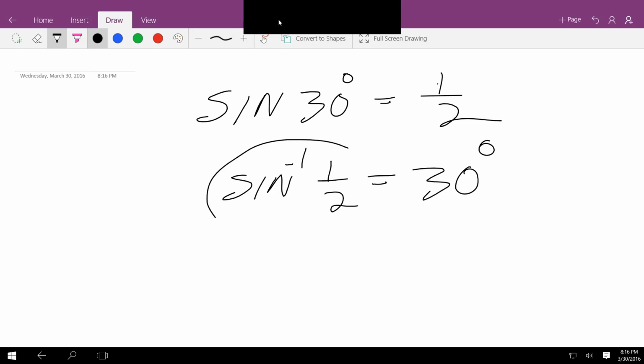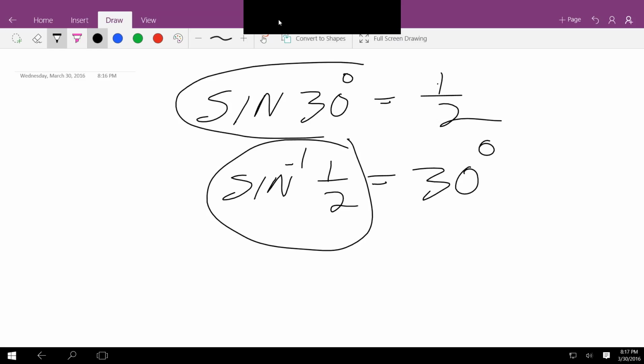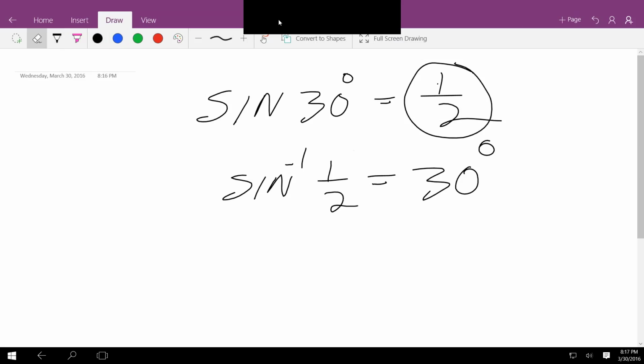Notice that we use inverse sine to find angles. We use trig functions of angles to find ratios. So if the top statement is true, then the bottom statement is true, and vice versa. And that's an important concept. Just remember, we take trig functions of angles to find ratios, and we take inverse trig functions of ratios to find angles.